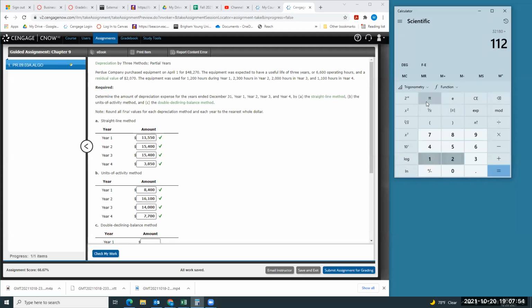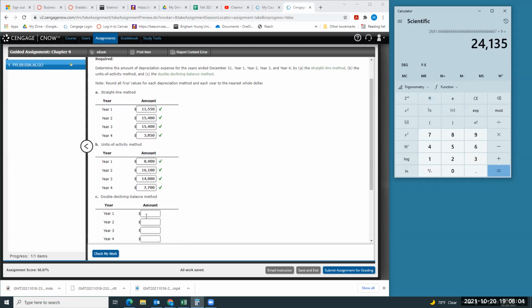So I'm going to divide this by 12 and then multiply that by 9. So in our first year, we will depreciate $24,135, which means we'll take a depreciation expense of $24,135 and we'll credit the accumulated depreciation account that much. So now to find the second year's depreciation, we have to figure out what's called our book value.